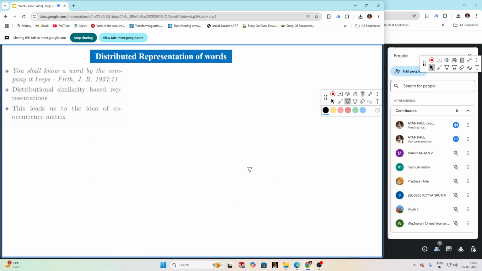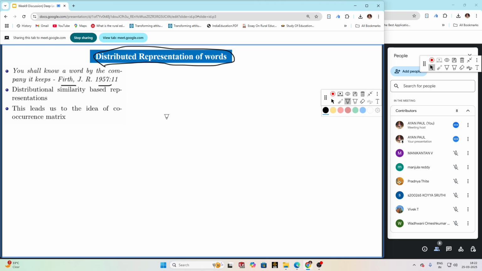Now we will be doing something called distributed representation of words. The problem with one hot encoding was that we are not finding the similarity. But we know the quote by Firth in 1957: you shall know a word by the company it keeps.